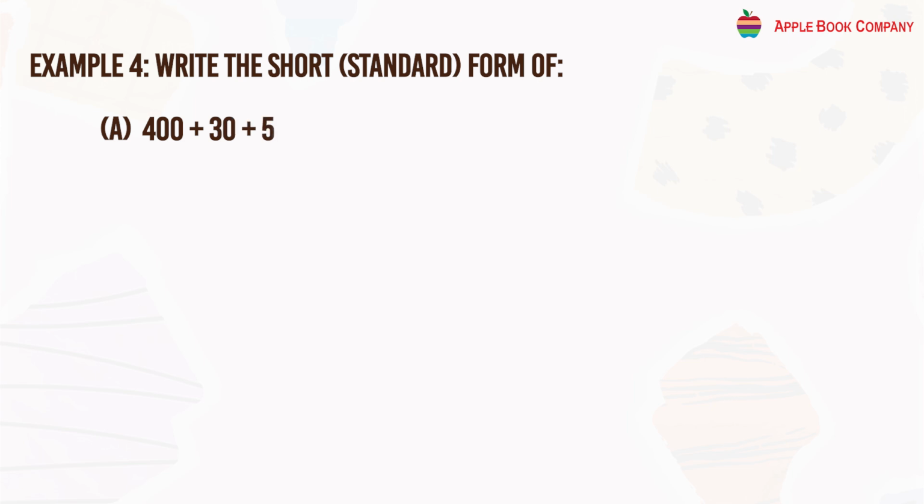Example 4. Write the short standard form of A, 400 plus 30 plus 5 plus 0.3 plus 0.01 plus 0.007. Solution: 435.317.